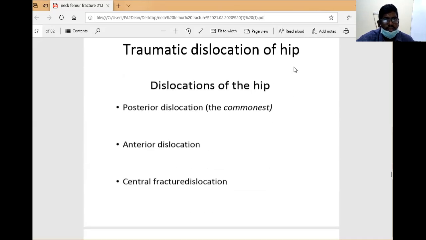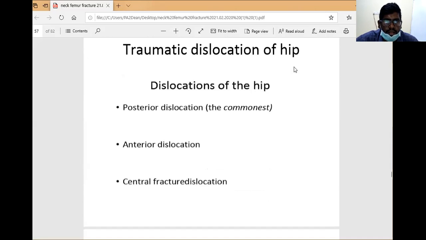Dislocation of the hip is classified into 3 types: posterior, anterior, and central fracture dislocation. Posterior dislocation means the head of the femur dislocates posterior to the acetabulum. It is the commonest one, meaning 80 to 90% of cases are posterior dislocation.